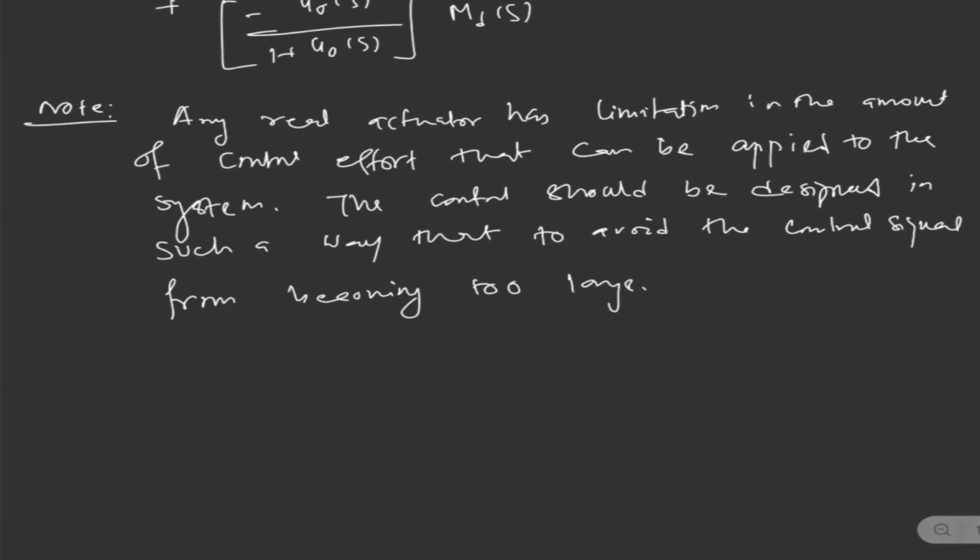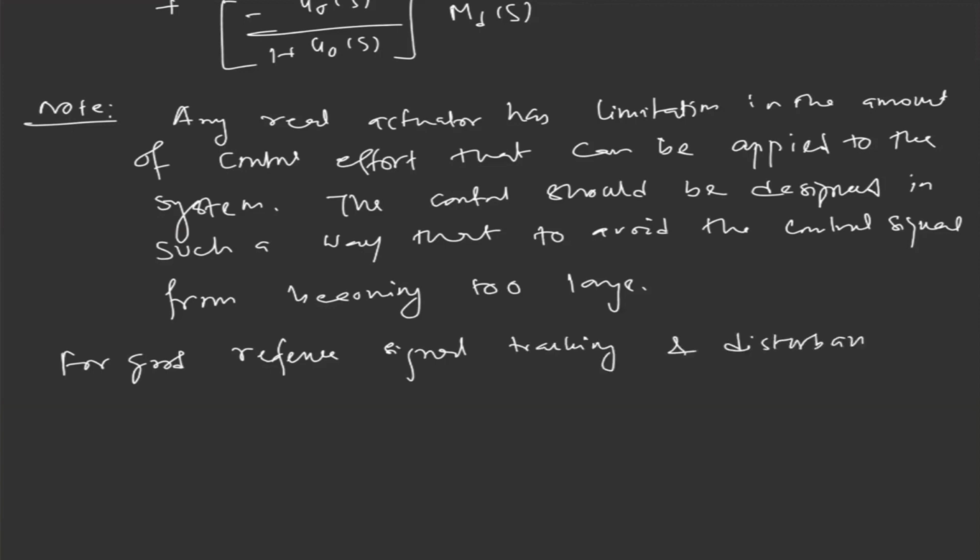And also, we have seen that for good reference signal tracking and disturbance rejection, the open loop gain should be very large.